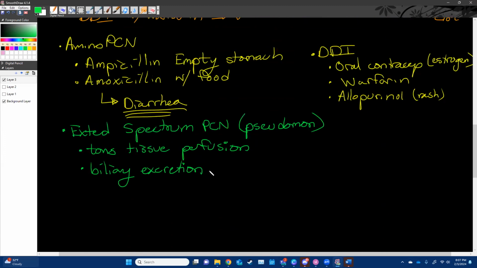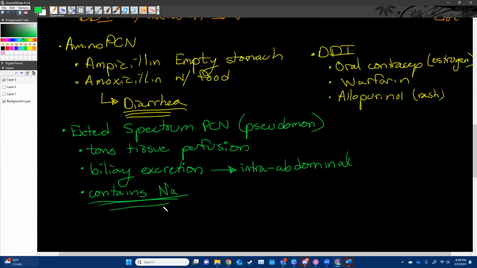What this means is that we're going to use it for infections where the drug is going to end up getting dumped into, so intra-abdominal. More than any other drug that we talk about, Piptazo has a ton of sodium in it. So renal dysfunction, hypertension, edema, heart failure, all that sort of stuff.